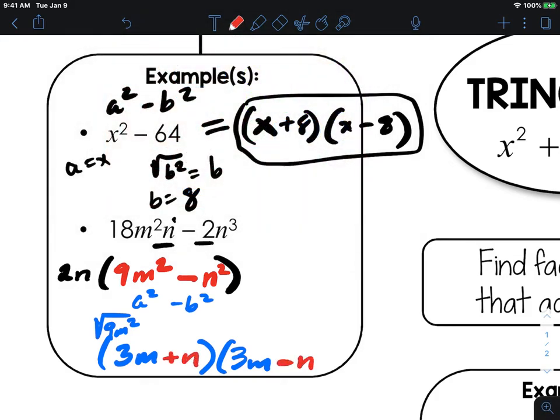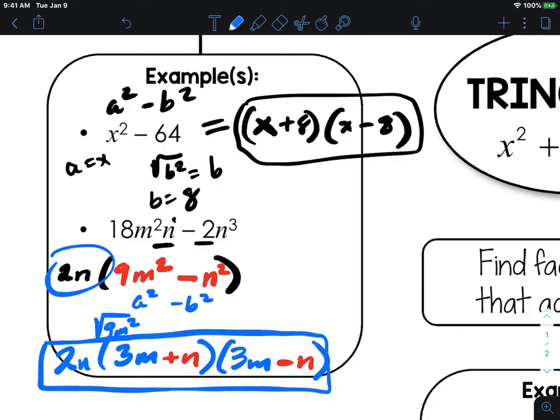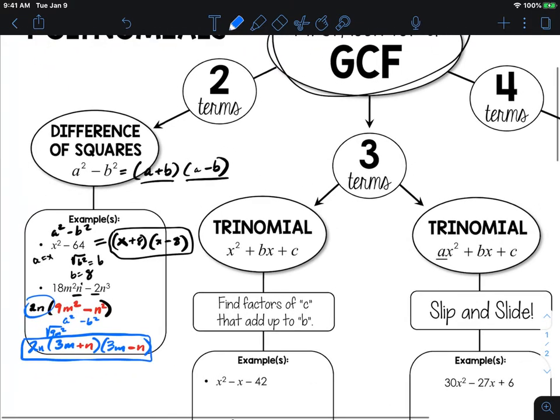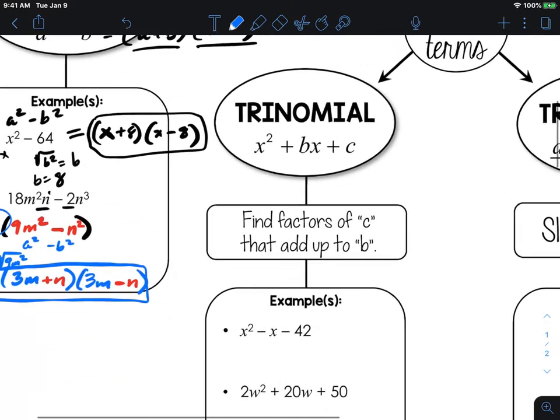n. Now, what do I not forget about? The greatest common factor, the 2n there. So I had to factor out that greatest common factor, then I could do the a squared minus b squared with the two terms that were left behind. All right, so say you go to 3 terms, okay?